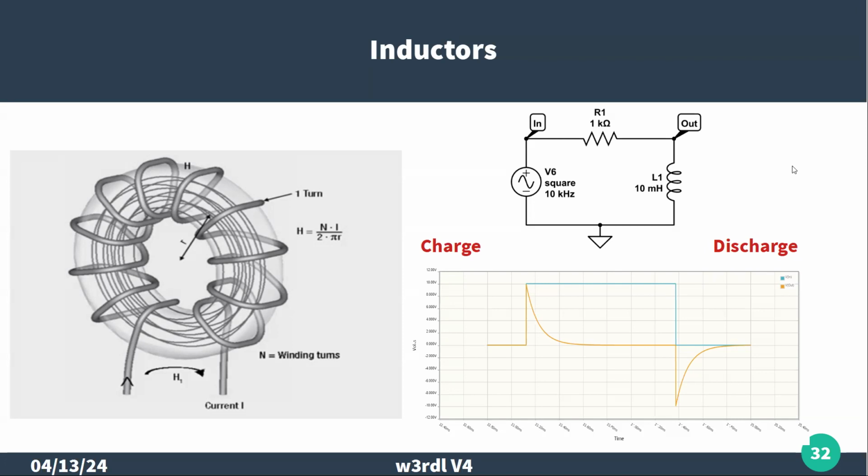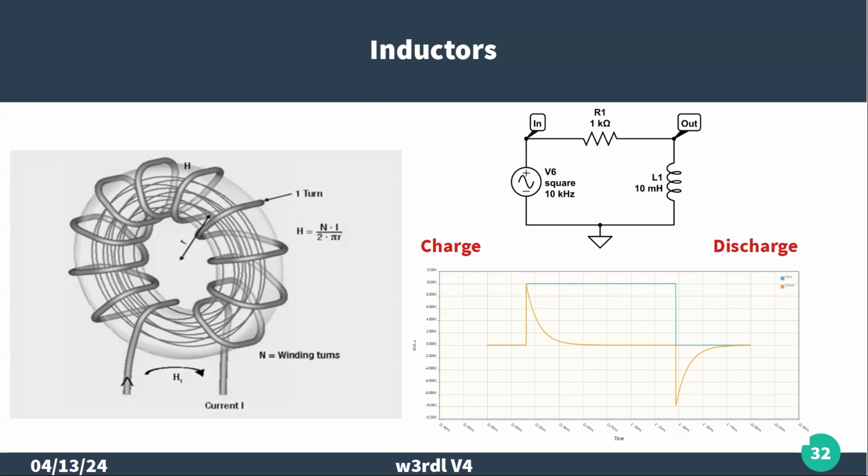Lenz's law says that when you apply a current through an inductor, it creates a magnetic field. Just the opposite: when a magnetic field moves across a conductor, it creates a current, which creates a magnetic field opposing the magnetic field causing the current.